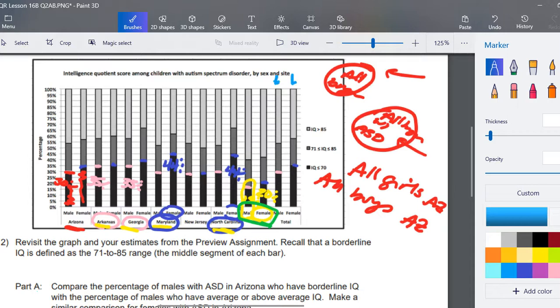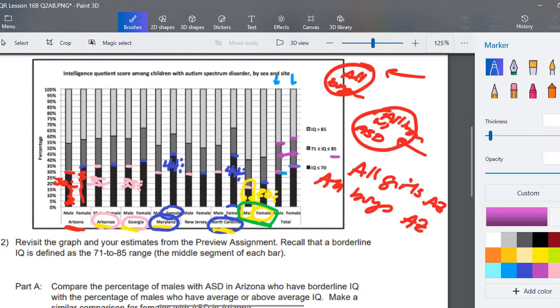From them, we can see that answers depend on the IQ level. Females with ASD are more likely than males with ASD to have an IQ under 70. So right here, females with ASD are more likely to have an IQ level of 70 or less. When we look at the IQ from 71 to 85, these bars, again, in a different color, are about the same size.